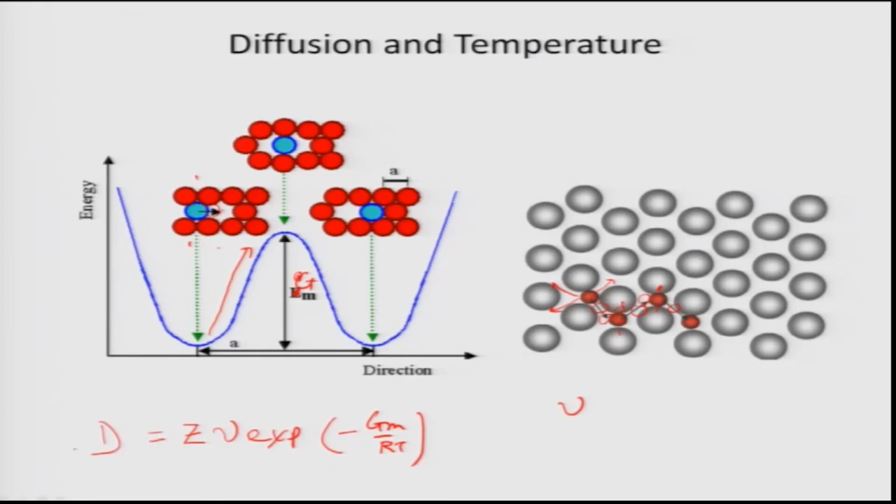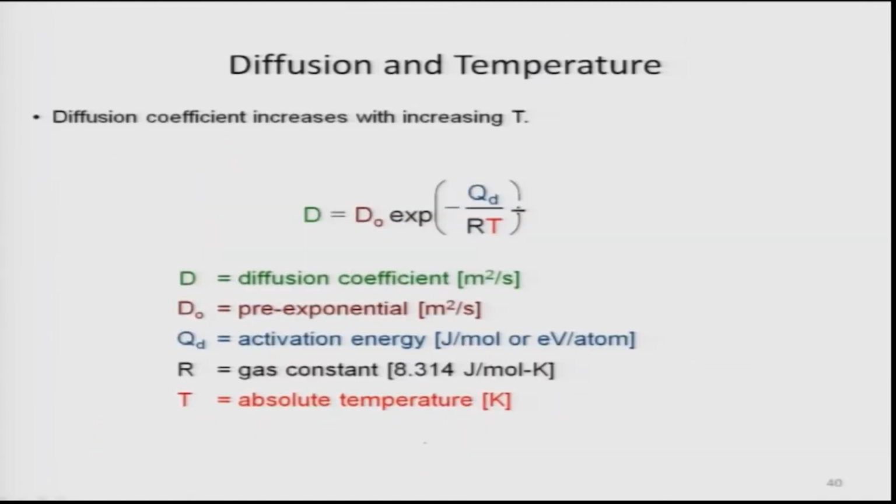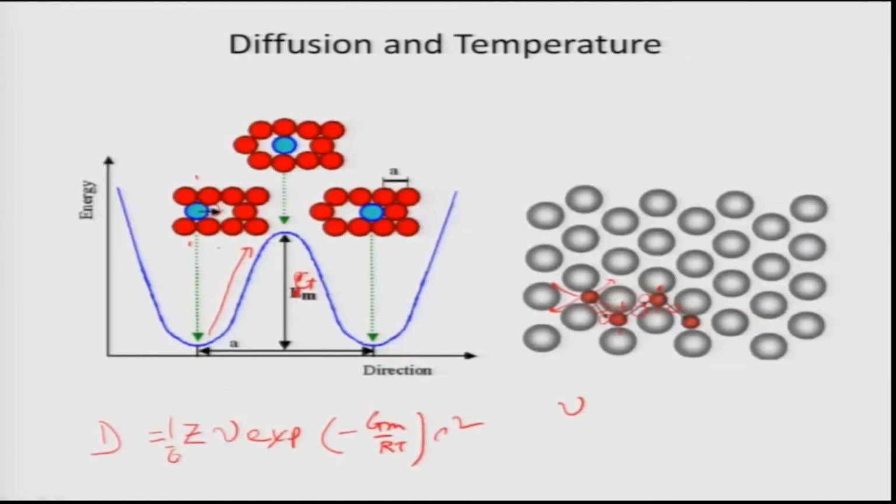So this tells you the diffusivity. But remember, this is not the actual diffusivity. In 3 dimensions, this must be multiplied by 1 by 6 a square, where a is the distance written there. That comes when you assume there are 3 directions x, y, z, because this was done in 1D.